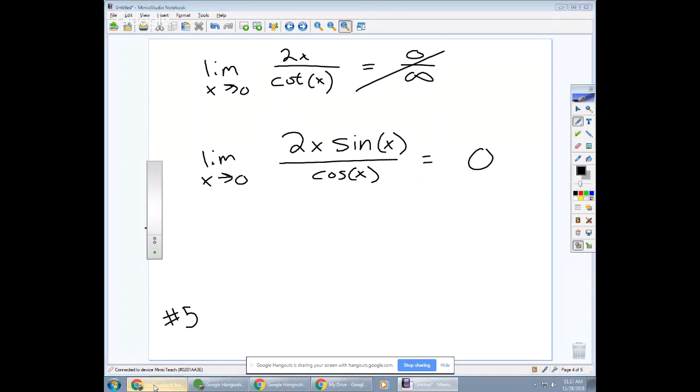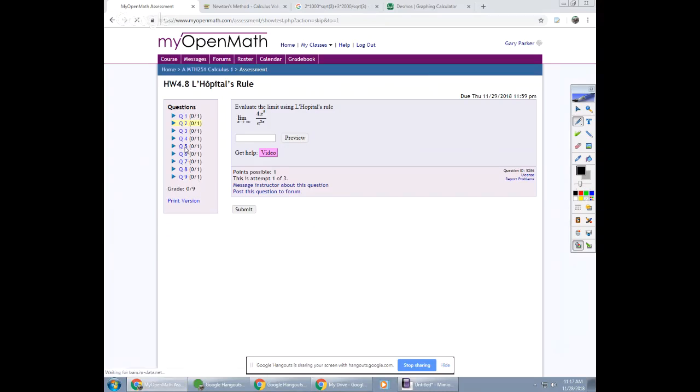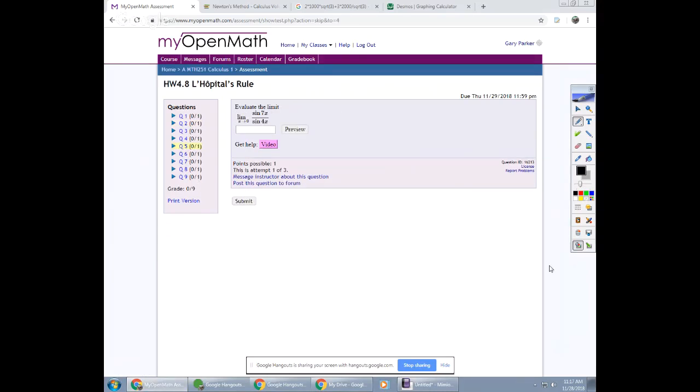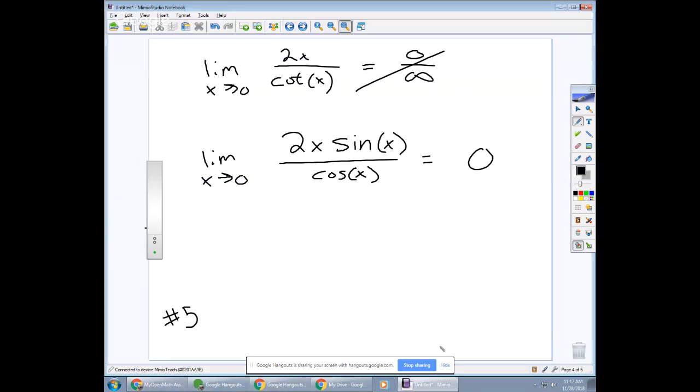Number 5, sine of 7x over the sine of 4x. Do we have to show work for these? Yeah. So my work was algebra.